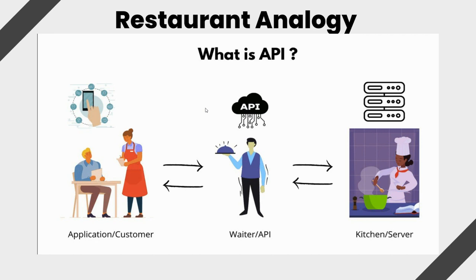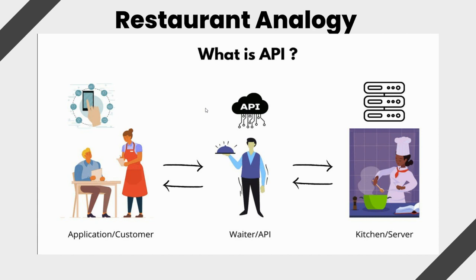So now, have you never wondered how you, as a customer, have never directly gone into the kitchen to ask for food? Yeah, I guess you've never done that. And most companies will never allow you to do that.